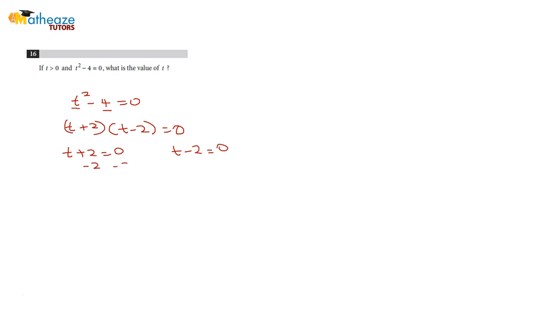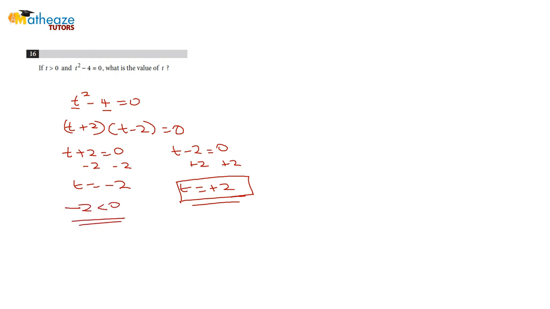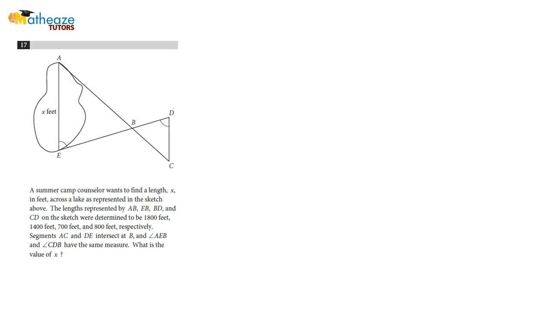We subtract 2 here, so t equals negative 2. We add 2 on both sides, t equals positive 2. Here we're told that t is greater than 0, so we select the value of t that is greater than 0, because negative 2 is less than 0, so it is not a good value for t.